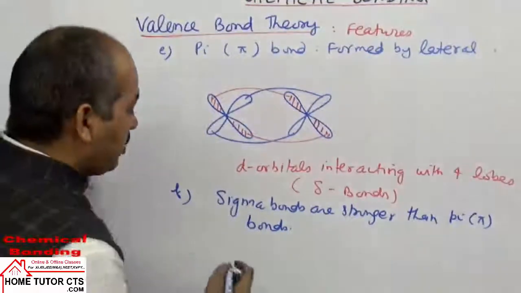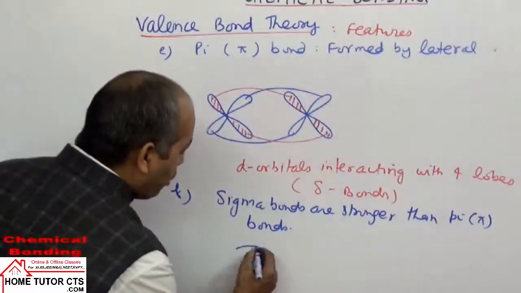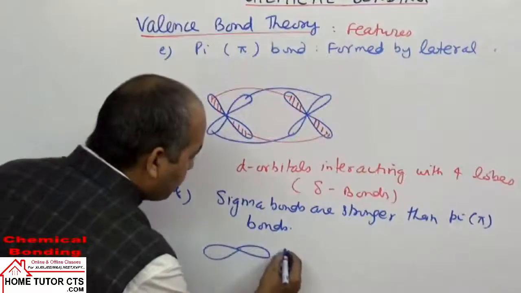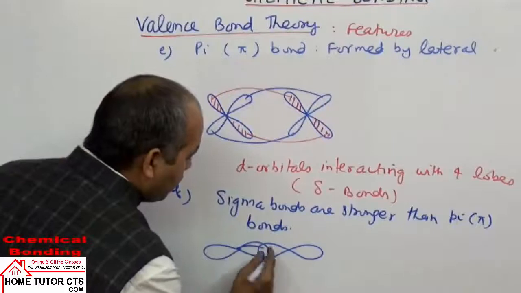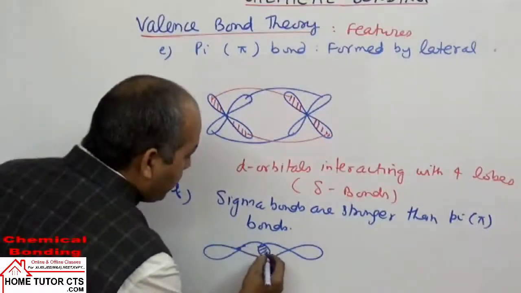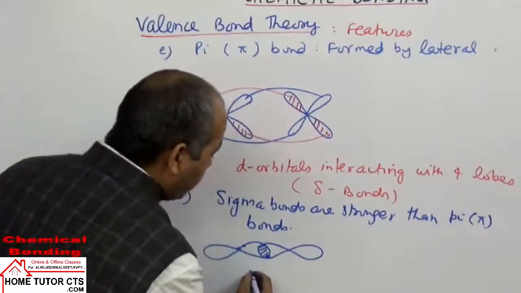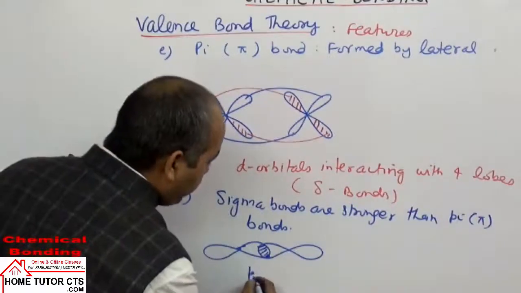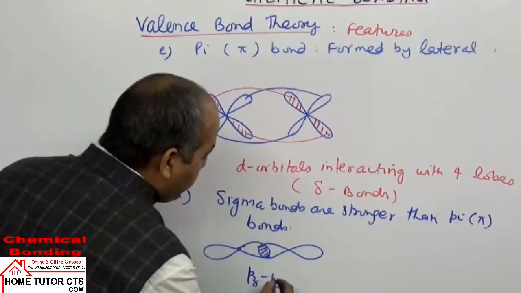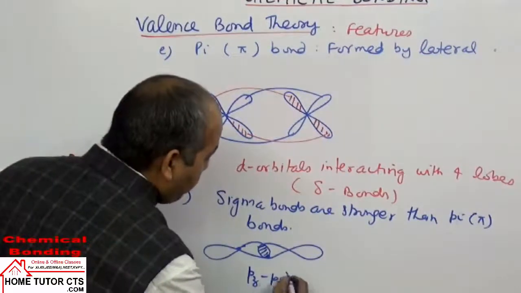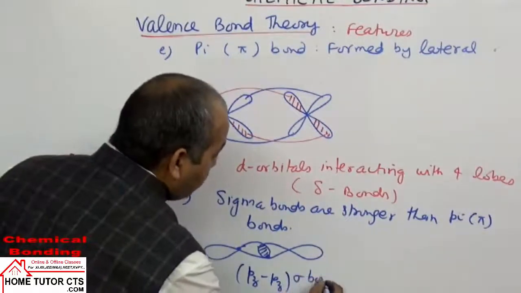If I show you here the overlapping of p orbitals, the overlapping here is more in the sigma bond, which is pz. If I write here pz, because we take the z axis as the molecular axis, pz forms the sigma bond.